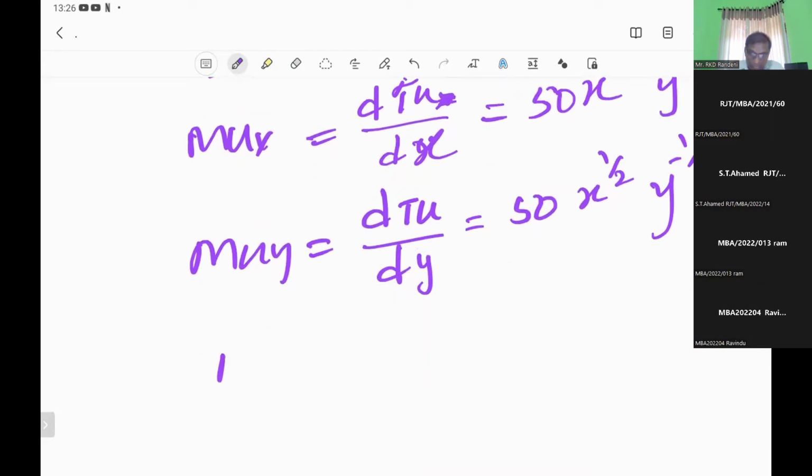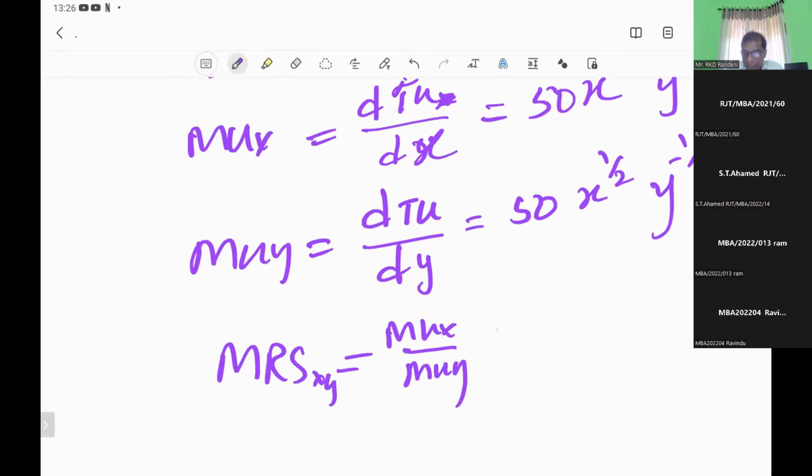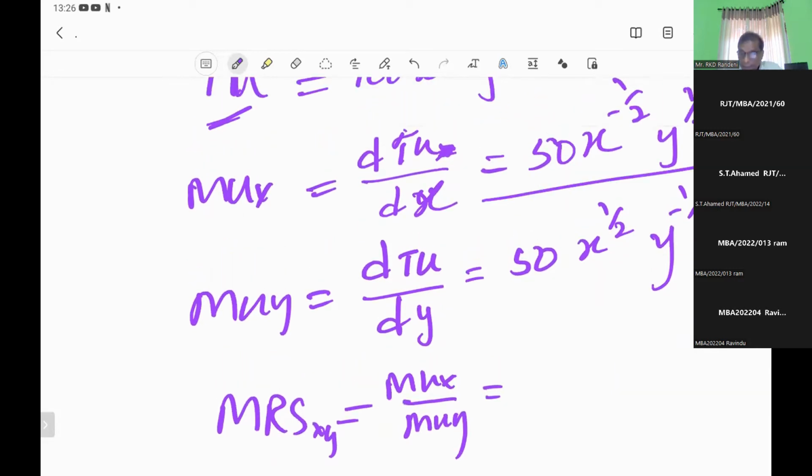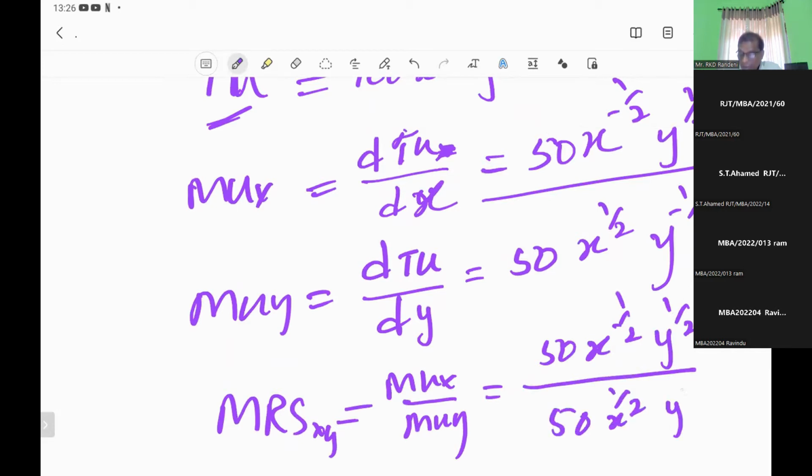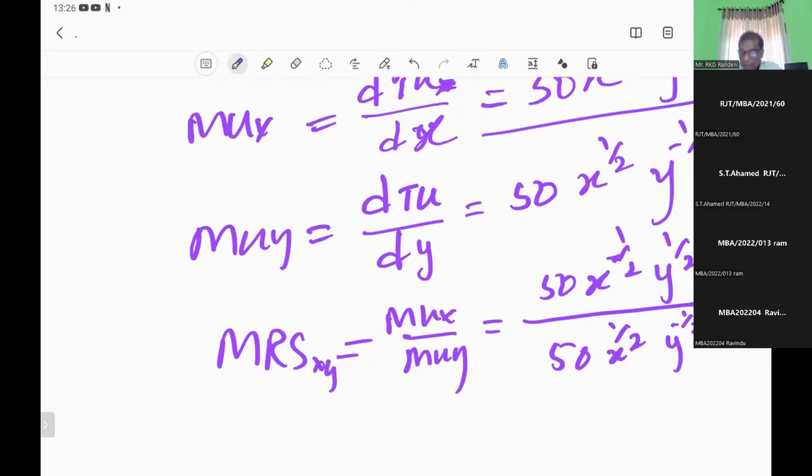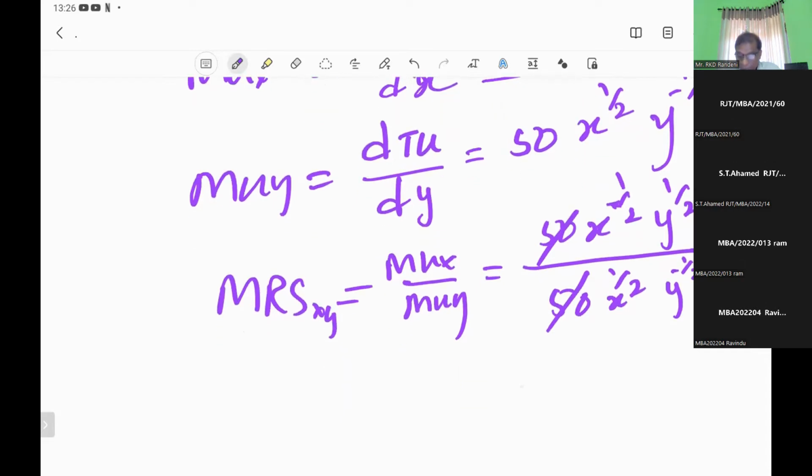So now you can calculate the MRS x for y, MUX divided by MUY. This is MUX: 50 x to the power half, y to the power half, divided by 50 x to the power half, y to the power minus half. Then you can simplify this using the index rule. x to the power minus half comes to this side, that is plus half, so x to the power plus half, that is x.